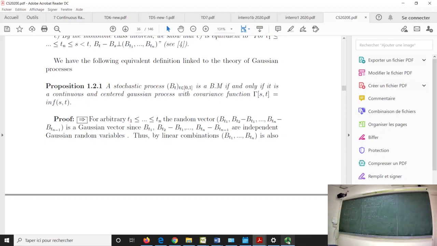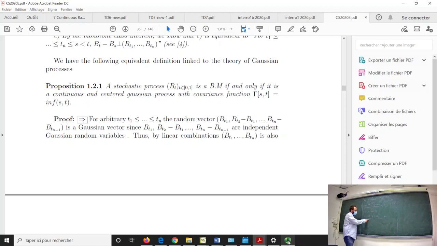It's exactly what you do when you decompose a vector in R to the power n. You have n coordinates, and you can write the vector as a linear combination of the vectors of the natural basis in R to the power n.